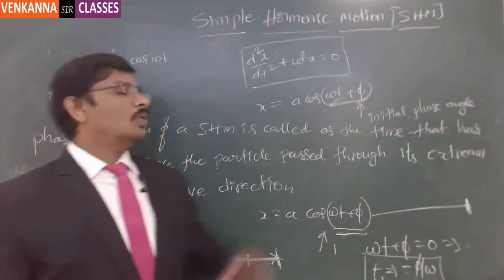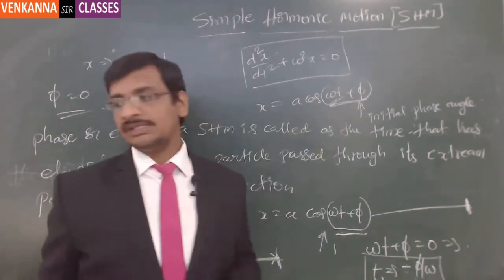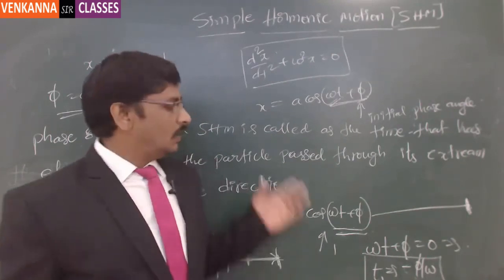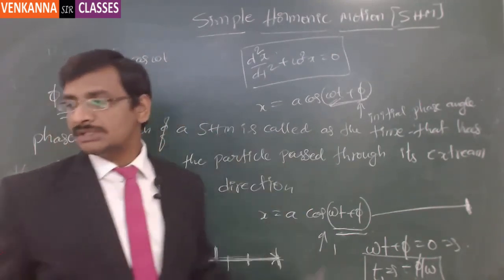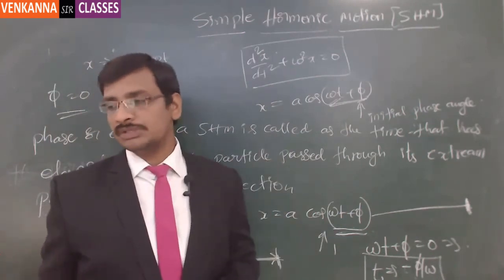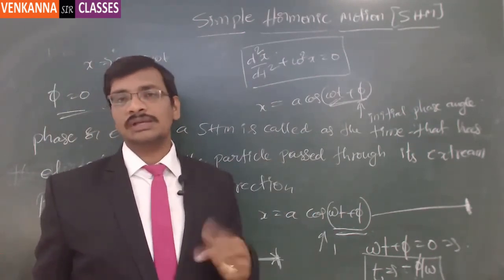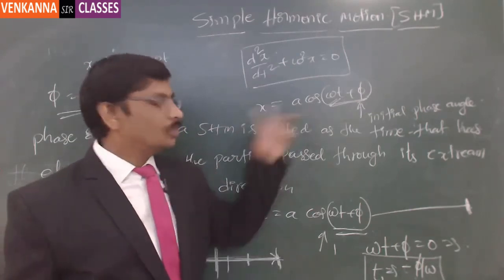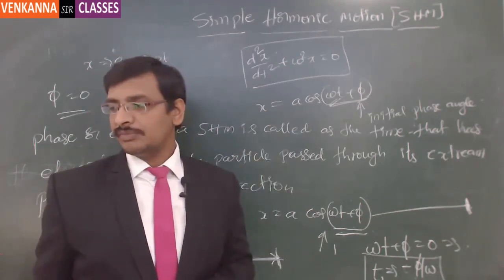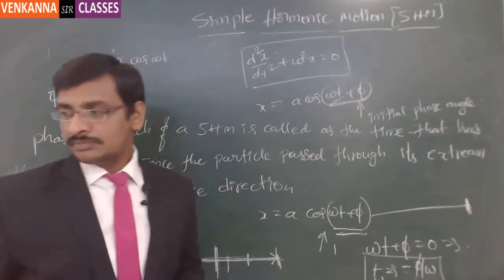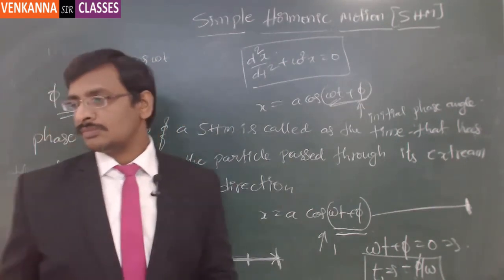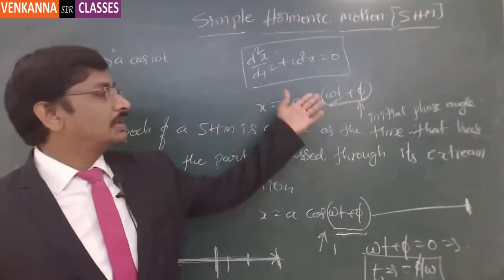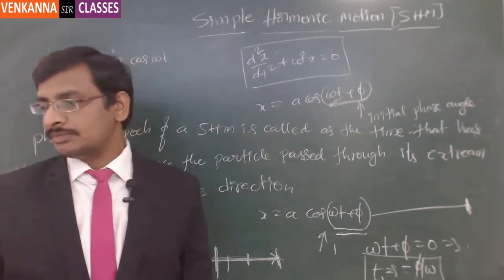Now by definition in physics, we treat omega as the angular velocity. But where is the angular velocity coming from in this entire analysis of simple harmonic motion? There is no circular motion to say there is an angular velocity. How can we treat this omega as the angular velocity?